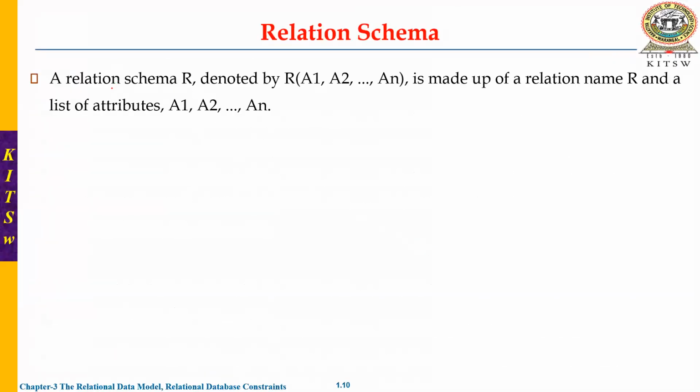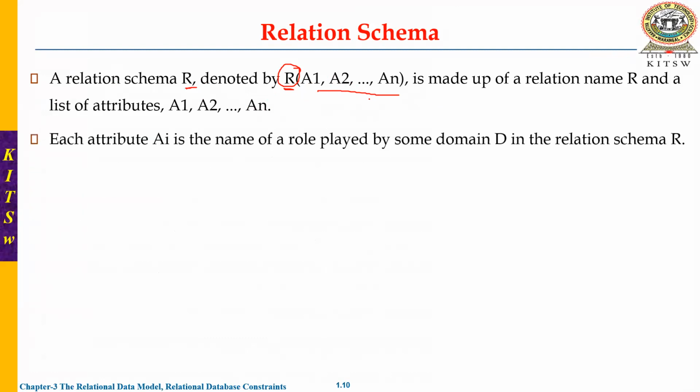Relation schema is denoted by R(A1, A2, A3, and so on). These A1, A2, A3 are attributes, and capital R is the relation. So you can represent R(A1 to An).